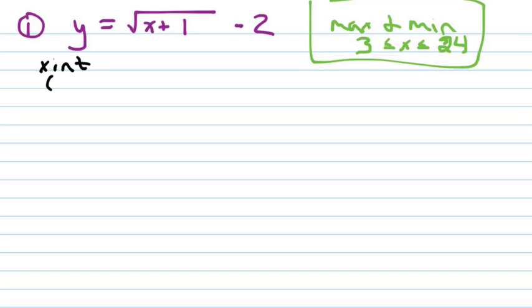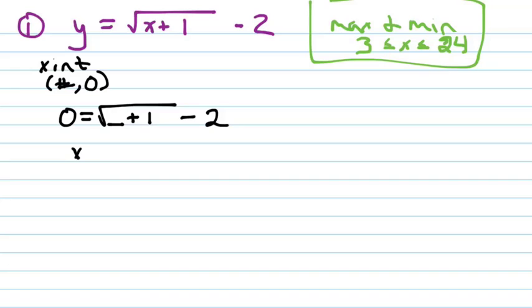is when the y value is 0 and the x value is a number. And so that means we're looking to find out what would make this 0. If I have some number plus 1, take the square root of that, minus 2. So what number could I take the square root of and get 2? Well, that would be 4.